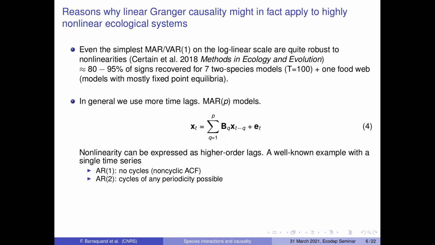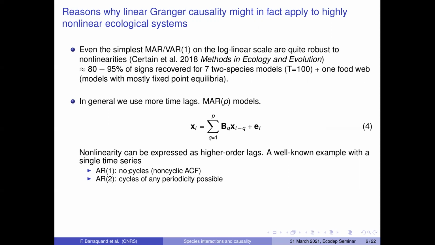And in general, we, of course, test for Granger causality using more time lags. So we would do a model selection that will select the lag order of this multivariate autoregressive model of order P. And as I'm sure many of you already know, you can have a large increase in the flexibility of the model, even for a small increase in the number of time lags. A good example of this is given by the single population autoregressive model.